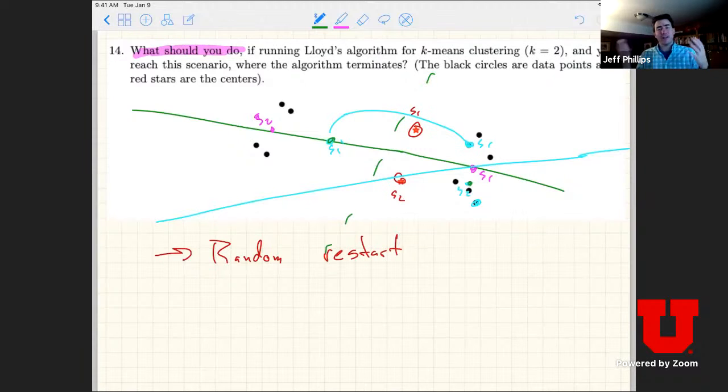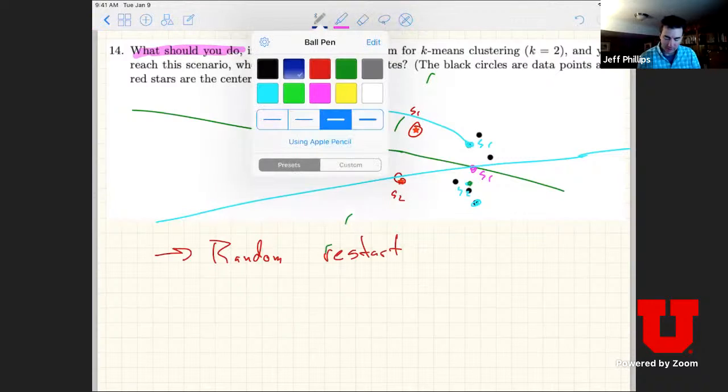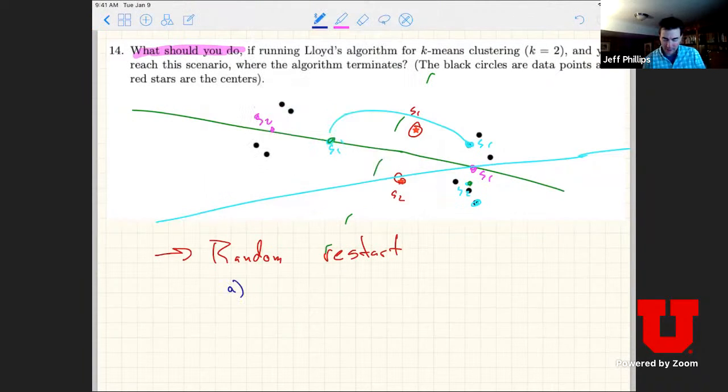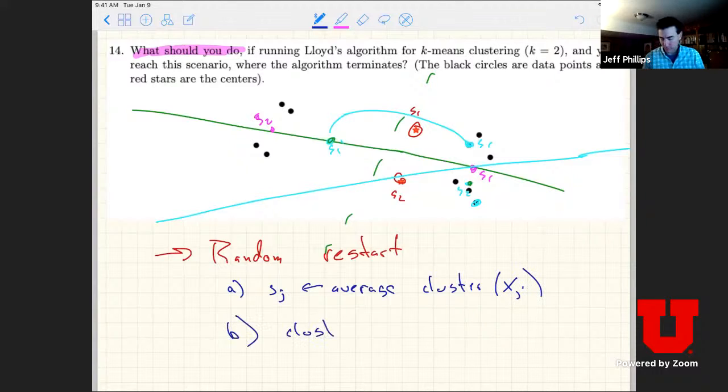Okay, but understanding these two steps of Lloyd's algorithm is the key thing to be looking at here. One is, Sj is the average of cluster Xj, and cluster Xj is going to be equal to all points X such that phi of S of X is equal to Sj.